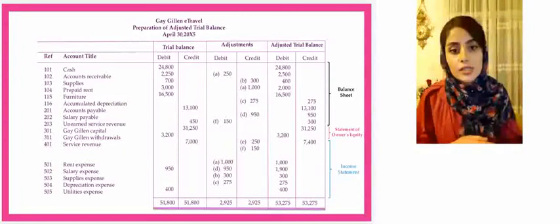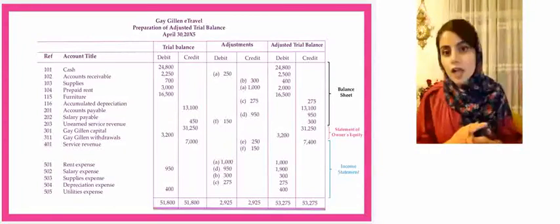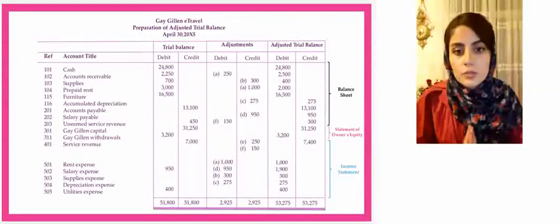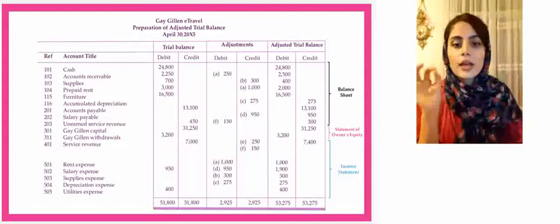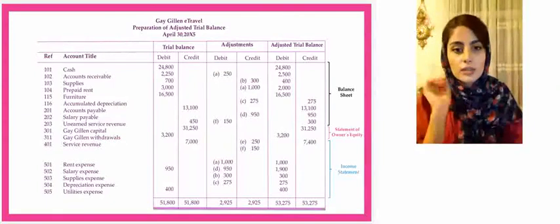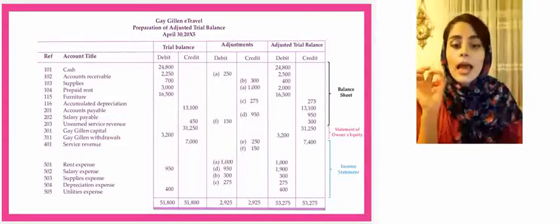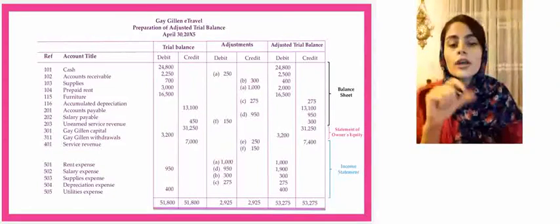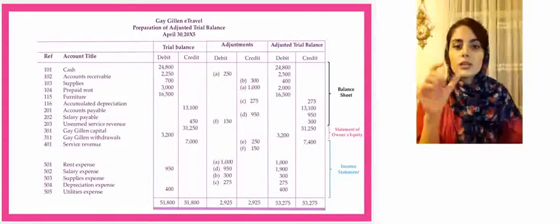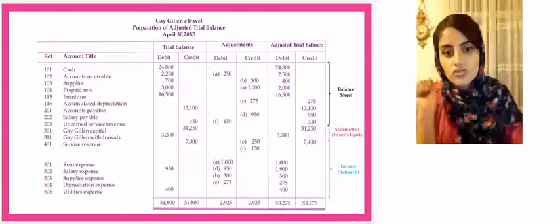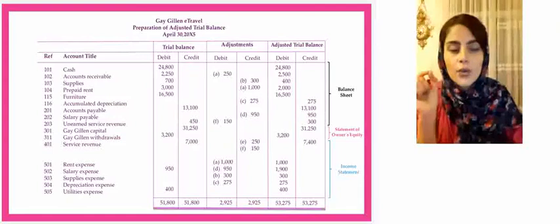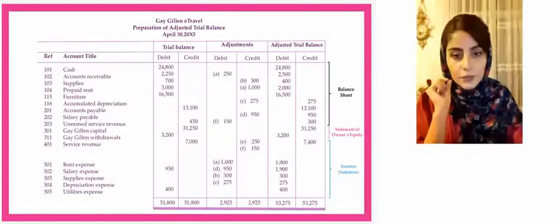If it is income statement, balance sheet, adjusted trial balance, which one? Here we want to prepare the adjusted trial balance, so we should write adjusted trial balance. And on the third line, you can see the date or the period for which we create the financial statement, which is April 30th, 2005.